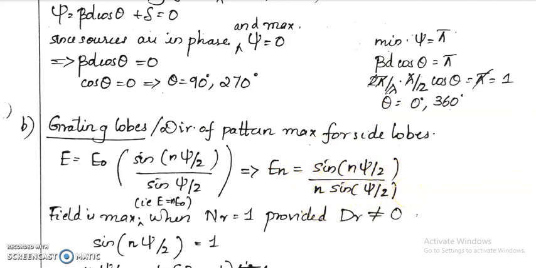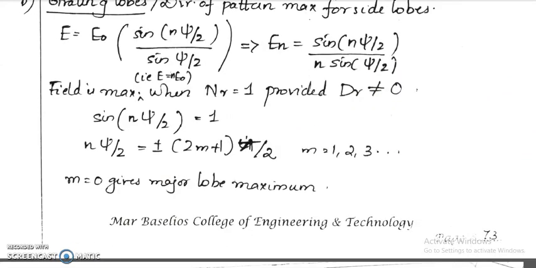We can say that the field will be maximum when the numerator is equal to 1 provided the denominator is not equal to 0. That is the condition for maximum field. In the case of the normalized electric field, we can apply that condition here.